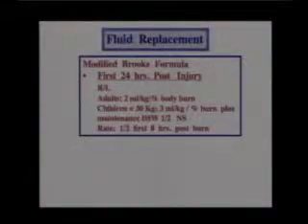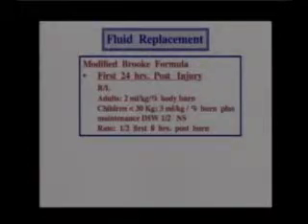Now, I want us to look at a couple of different formulas. Different burn centers have different formulas for fluid replacement, and I've chosen to give you two. The first one is the Brooke formula. In the first 24 hours after the injury, they start with Ringer's lactate. And you'll see the adults at 2 milliliters per kilogram per percent of body burn.